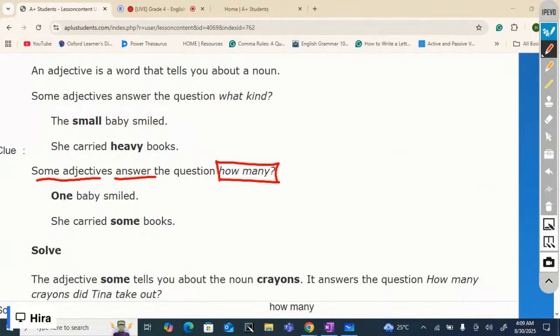One baby smiled. How many babies smiled? The answer is one. And this adjective answers the question how many. And it tells about the noun, baby. So one is an adjective.